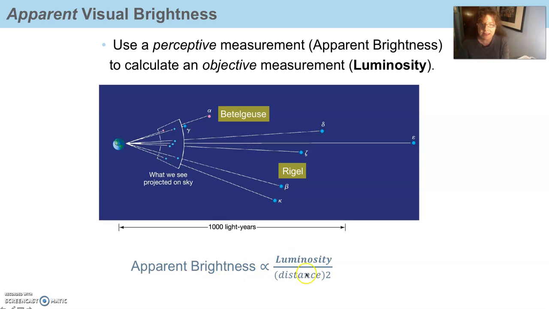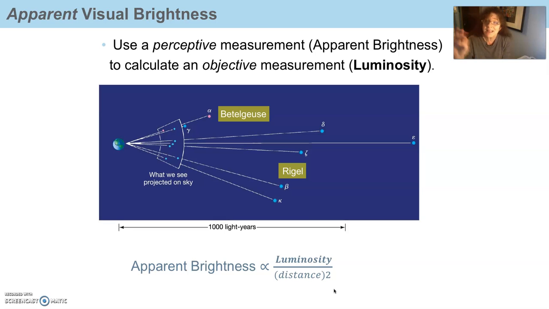This luminosity is part of an equation that says that the apparent brightness that we see is proportional to the luminosity measure over the distance squared from Earth. I wish that square was correctly an exponent, but the software doesn't allow that to be kept.